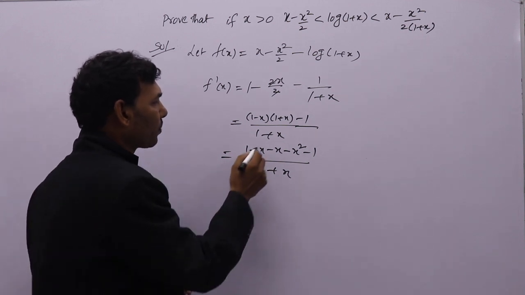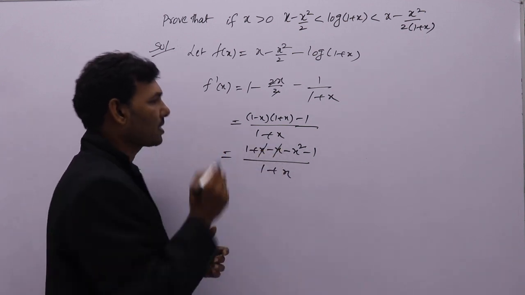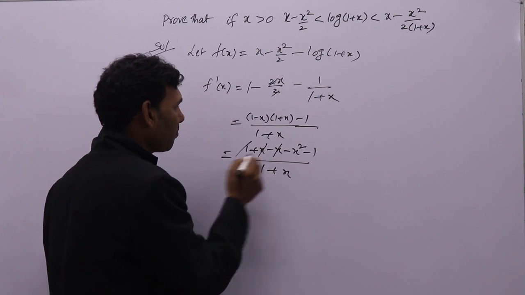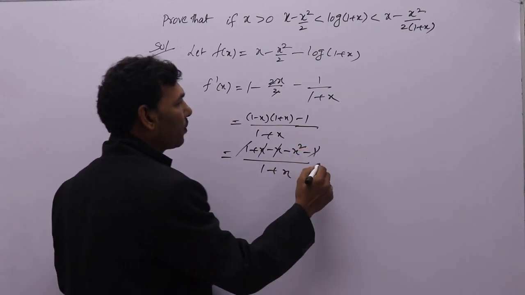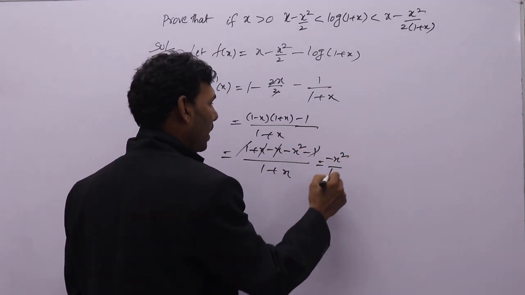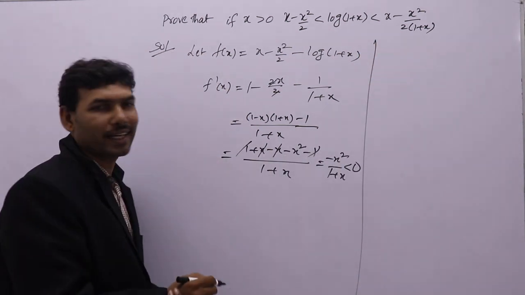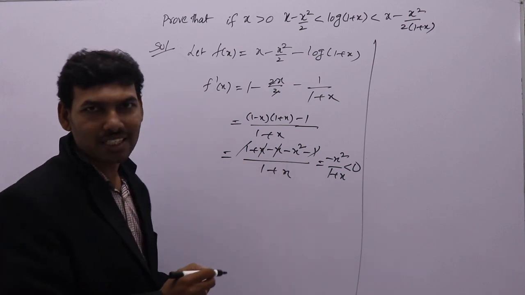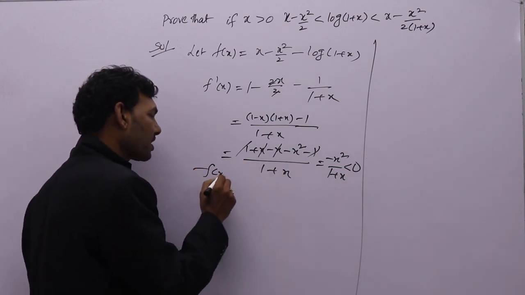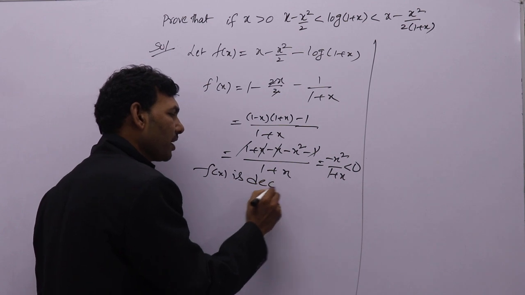What happens now? x gets cancelled, plus x minus x, plus 1 minus 1 gets cancelled. What you will get is minus x square by 1 plus x, which is clearly negative. So f dash of x is less than 0, which means f of x is a decreasing function.